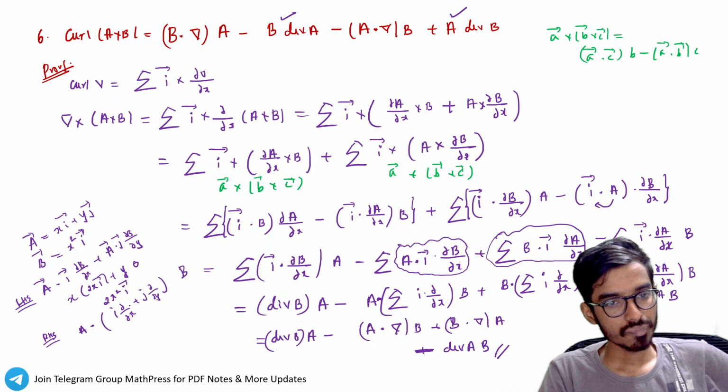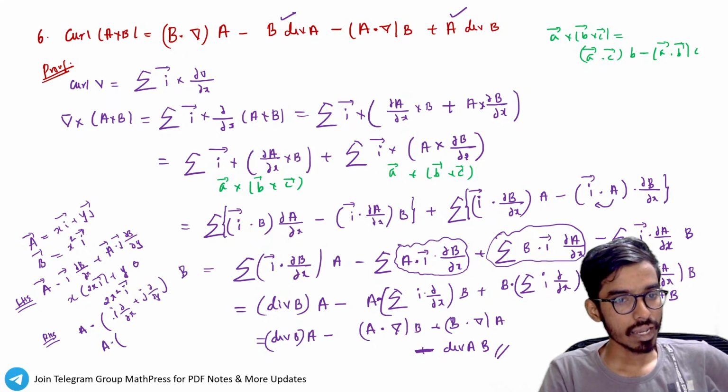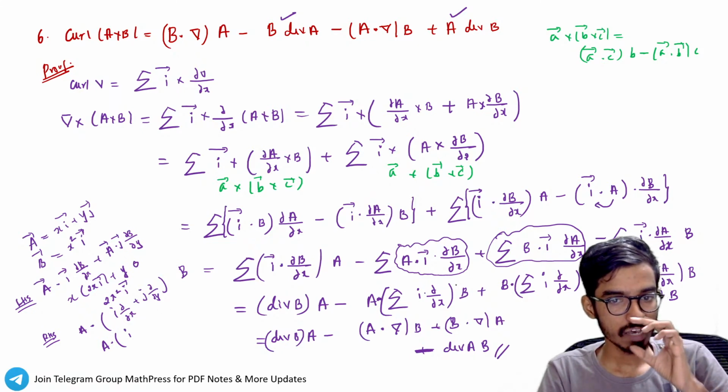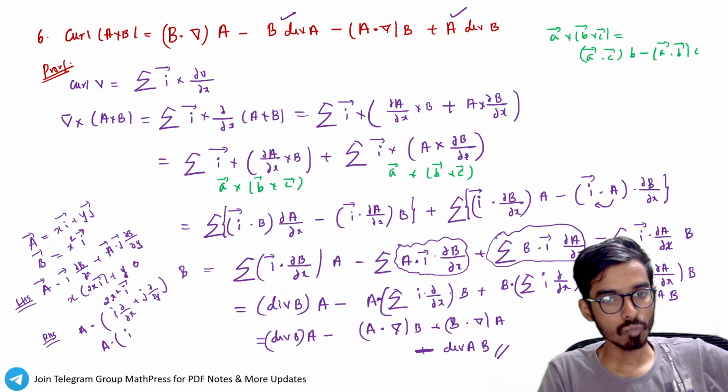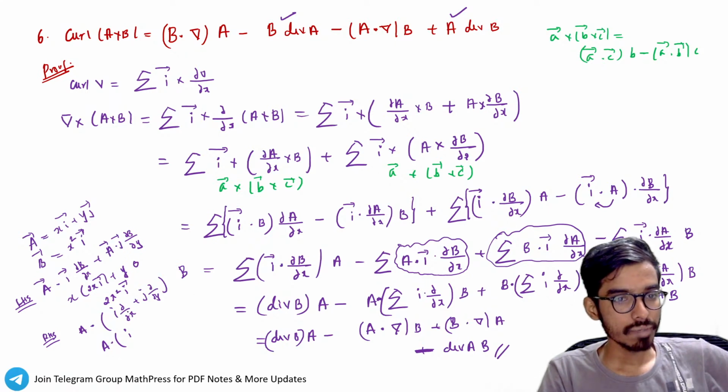Now what about A dot I into dou by dou x of B? Dou B by dou x, so dou by dou x of x square is 2x, and this will be 0, right?